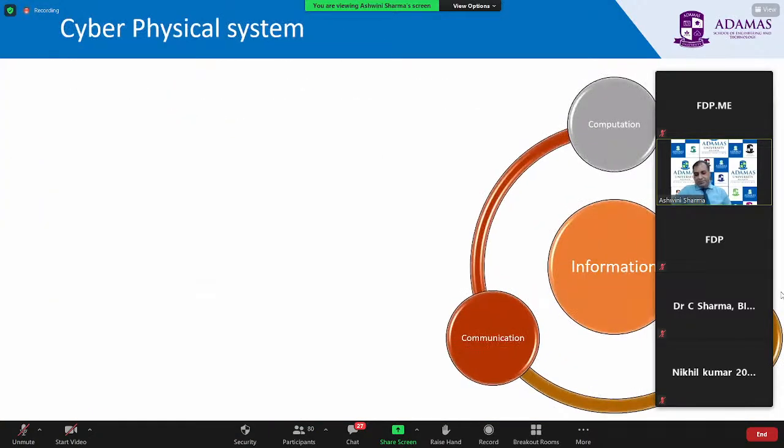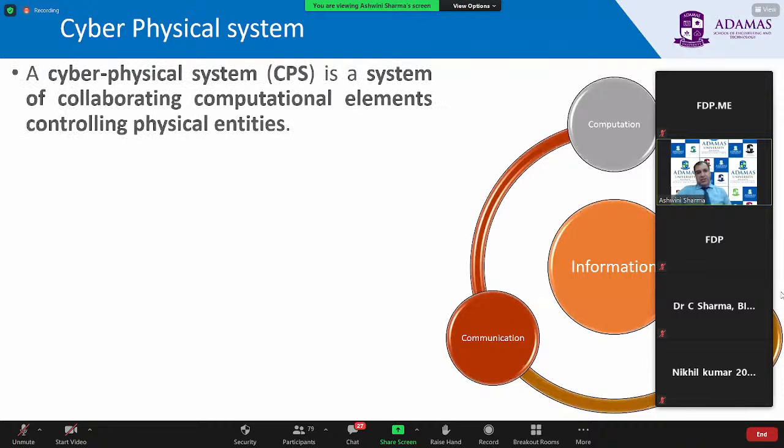Very simple. Now coming to the cyber physical system, it has computation or digital things, then the control part of it, and then communication. Everything happens to be information, and information is the key. So it's a system of collaborating computational elements controlling physical entities.